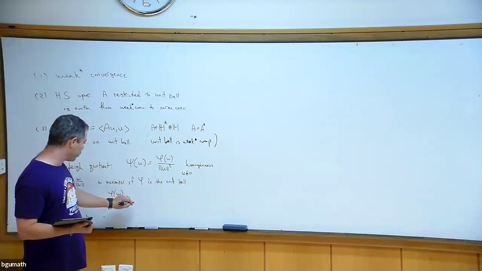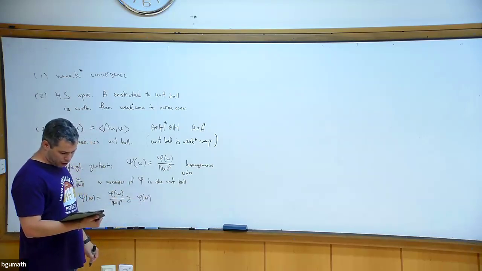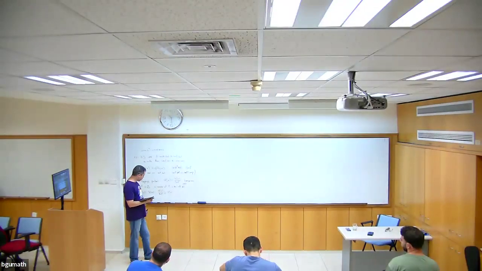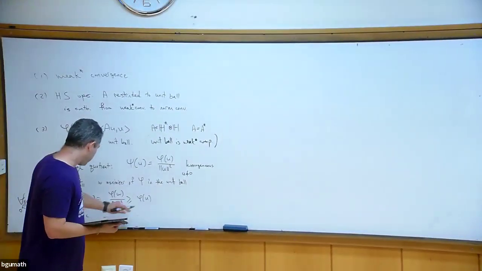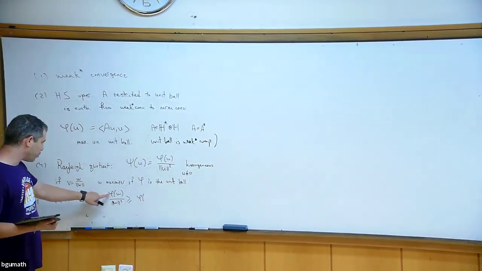This is always greater or equal to phi of U. Yes, it's greater than phi of U. So psi of W is the maximizer of phi.